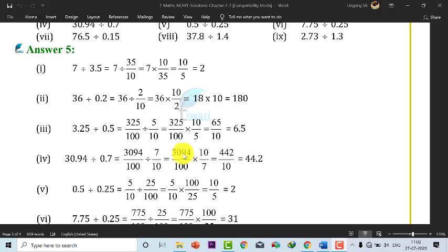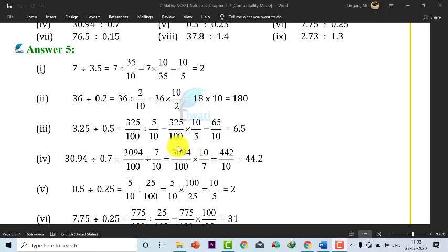So multiply numerator to numerator and denominator to denominator. If possible, if there is any common factor, we can cancel. Here 10 ones are 10 and 10 tens are 100, so we can cancel. We got the denominator as 10 and here the numerator as 1. So we can cancel here 7 ones are 7, 7 fours are 28.